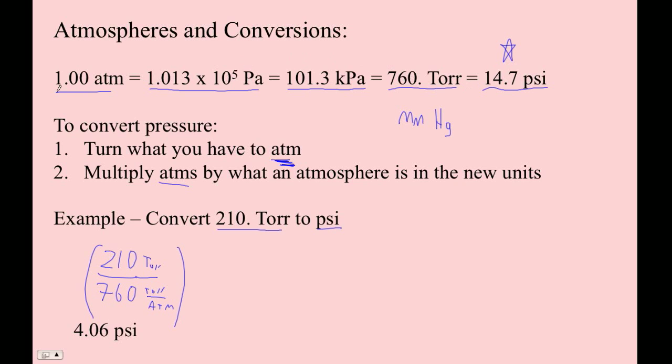At this point, we could turn it into any of these by multiplying by any of those. But we want psi, so I'm going to go 14.7, right? And that's psi per atmosphere, right? So if you look at this, torr go the way of the bison, 1 over atmospheres destroys 1 over atmospheres, and you end up with psi, right? So 210 divided by 760 times 14.7, and no, it doesn't matter what order you do that in.